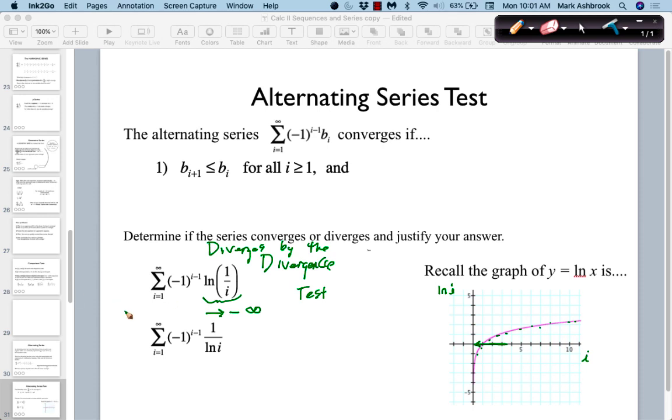How did this go? So 1 over ln of I. Lily, did you get this one? Tell me.